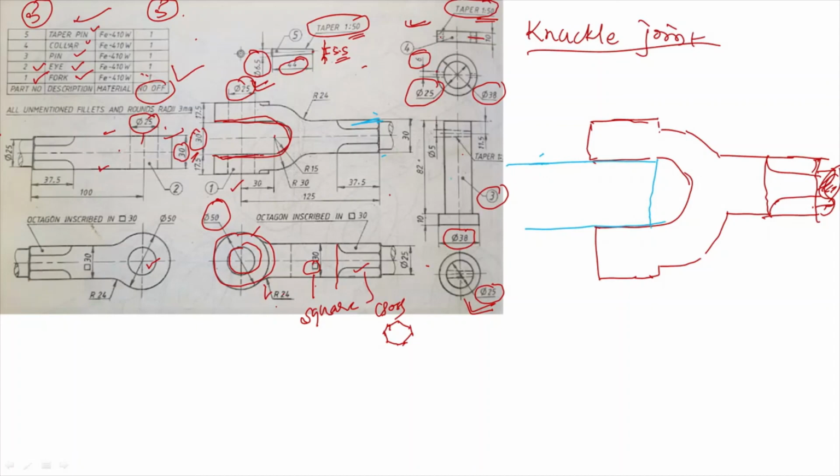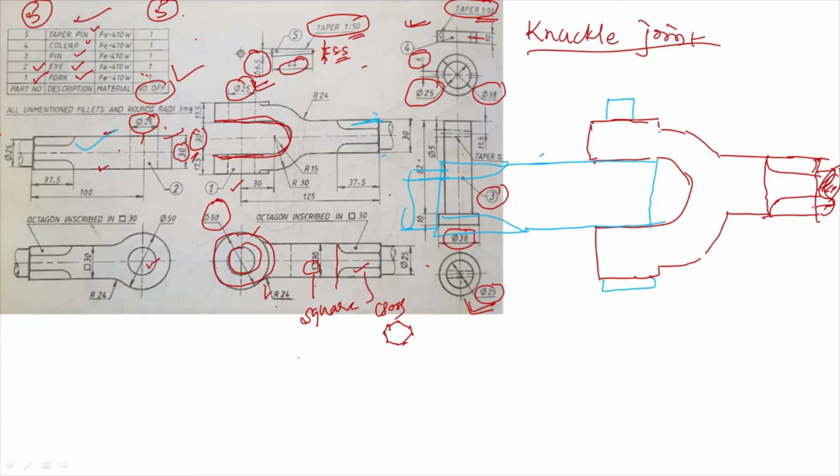Now this is the eye. This is the second part. Next, what is the third part? The third part is the pin.